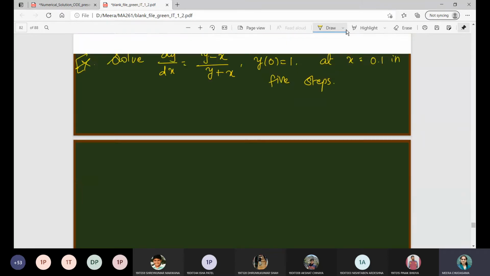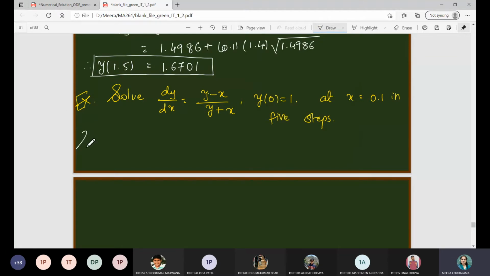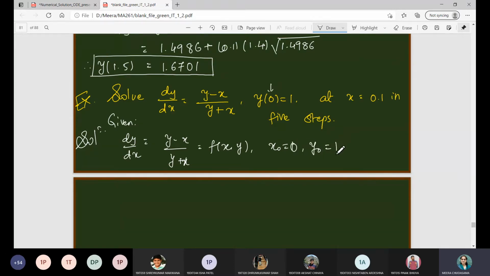So what are the given quantities that we will first list out? dy by dx, that is y minus x upon y plus x, is nothing but the function. x0 is 0, the initial point, the corresponding value y0 is 1. We are asked to find y at the point 0.1, and n is equal to 5 is also given.